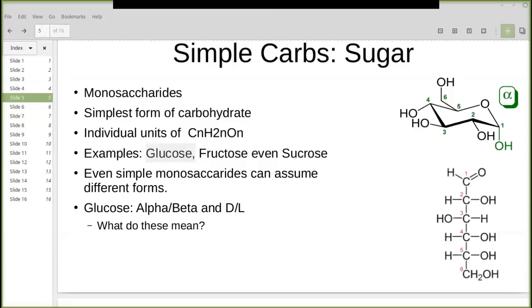Chris, what do you think is the difference between the alpha and the beta glucose? What would you say is the difference between them, if you had to guess?